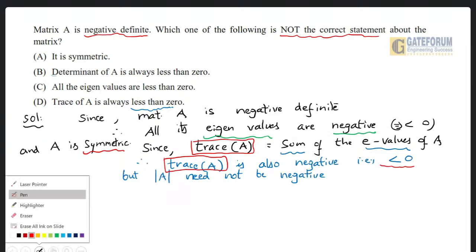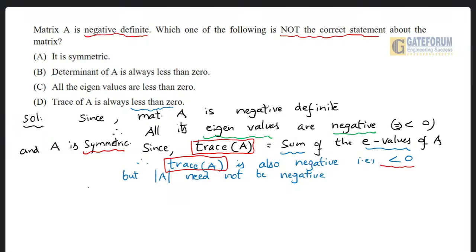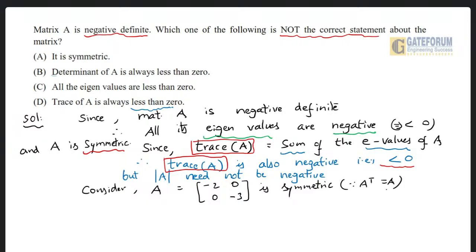Now, this example C: consider A equal to a 2 by 2 matrix, minus 2, 0, 0, minus 3. This is symmetric. A transpose is equal to A. And this is a diagonal matrix.